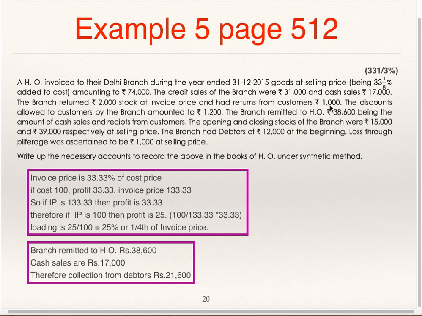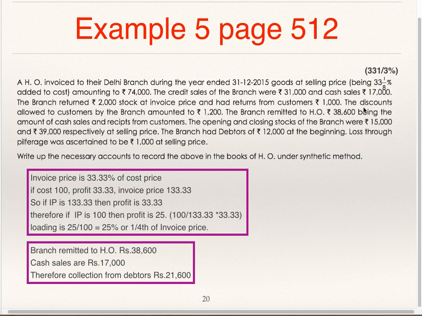It is to be credited to branch account as by goods sent to branch account 2,000, and loading will be debited. And goods returned from customers 1,000 will be credited to memorandum branch debtors account. Discount allowed to customers by branch amounted to 1,200. Again, it is to be credited to memorandum branch debtors account. The branch remitted to head office 38,600, being the amount of cash sales and receipt from customers.